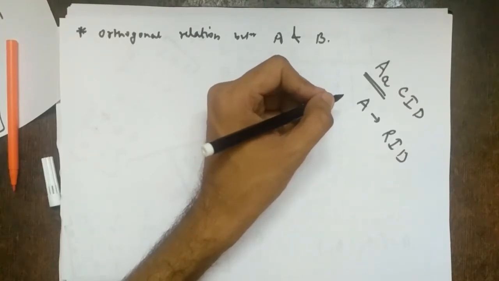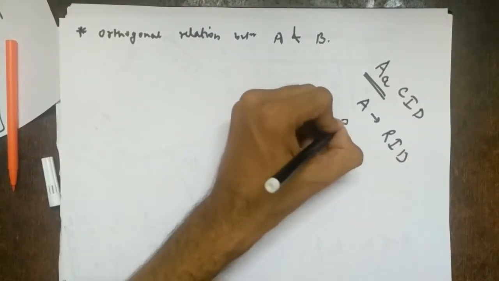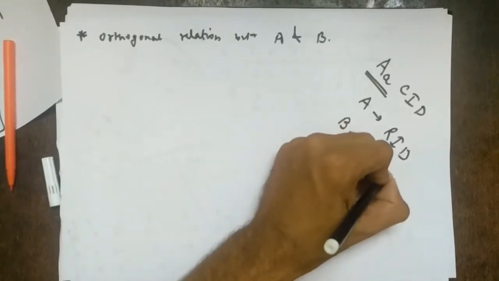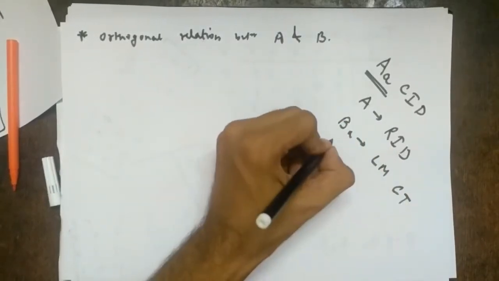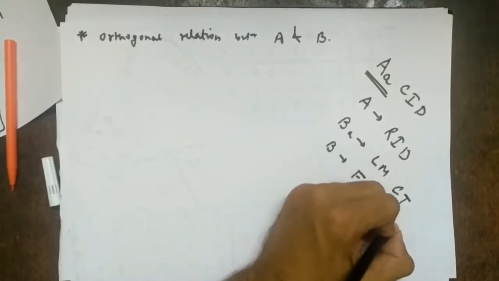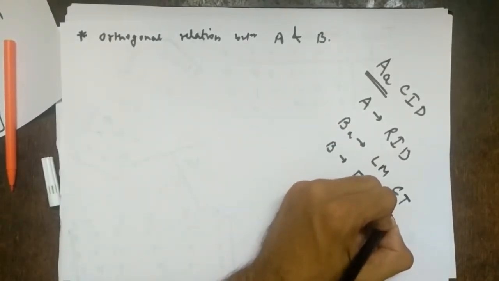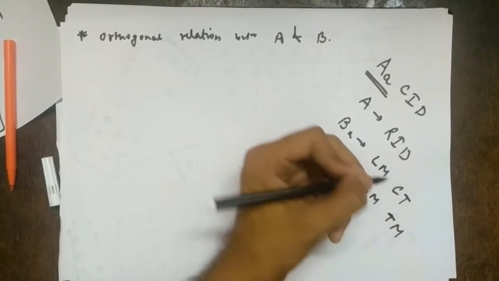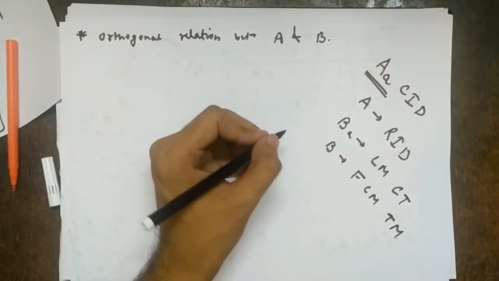Then what we saw? Loop matrix or circuit matrix. So B suffix a is the loop matrix, also called the circuit matrix. Then B is the fundamental circuit matrix or tie-set matrix, right? So this is what we have seen so far.